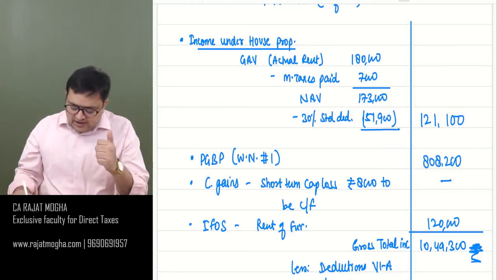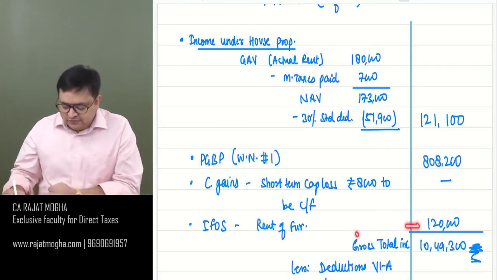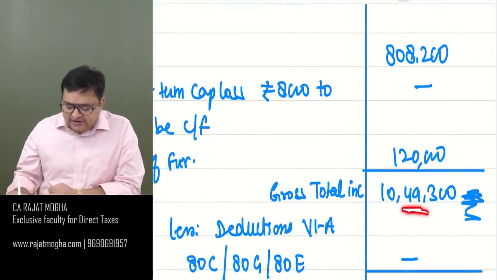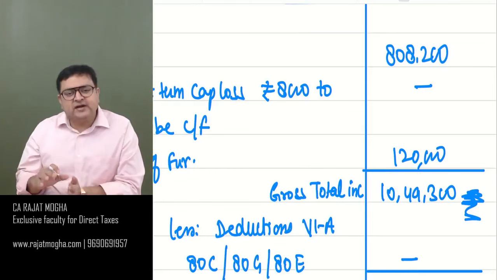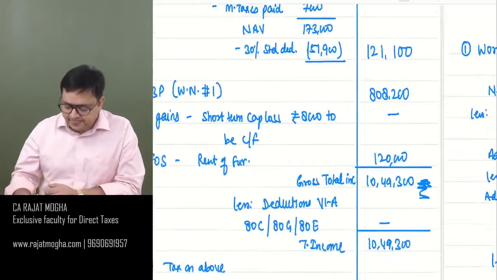Now, IFOS 120, it is the same in default also, in optional also 120, there would be no difference. So 10,49,300, which I have calculated through default, in fact, it is the same as optional. Understood? So to explain it, I have taken some time, but in your examination, you will take hardly 10-20 seconds to identify it.